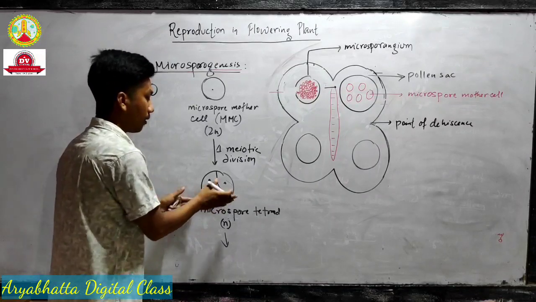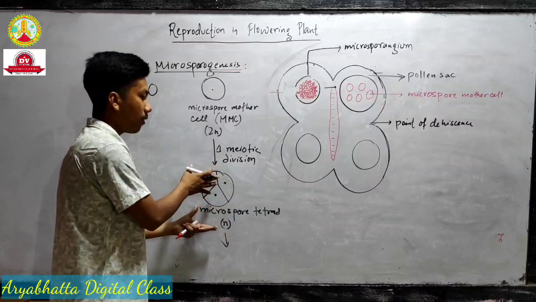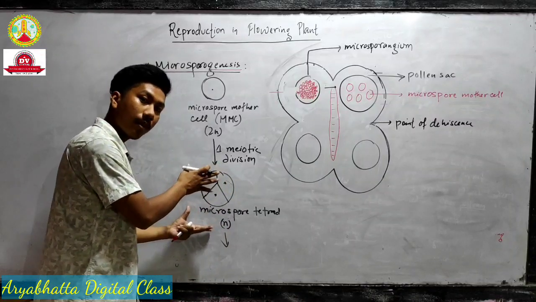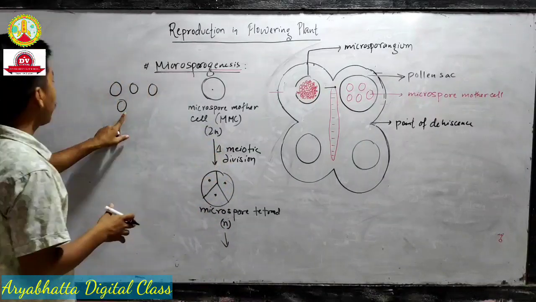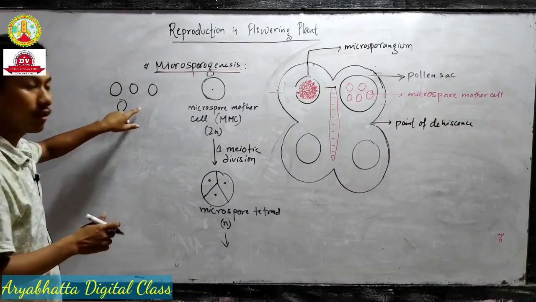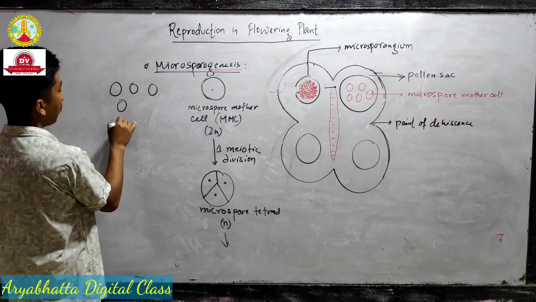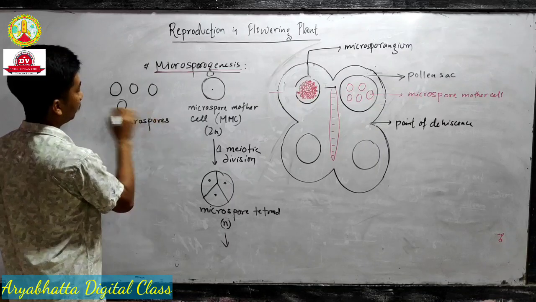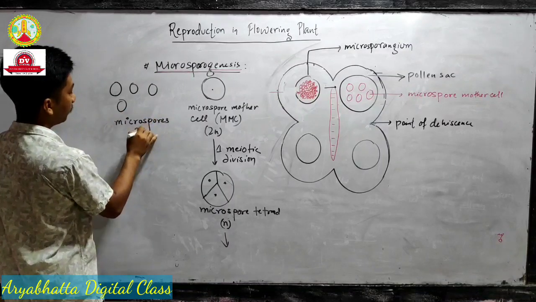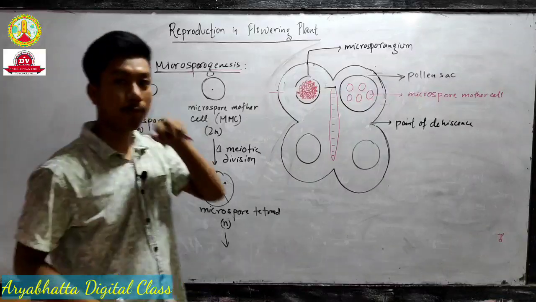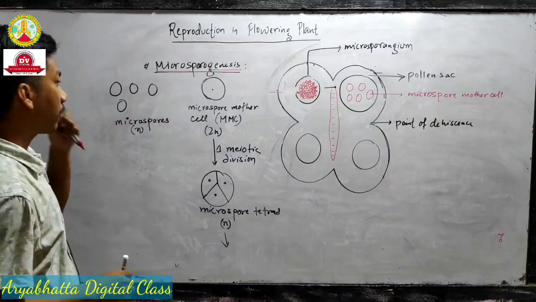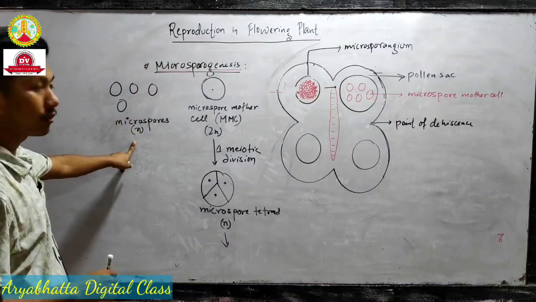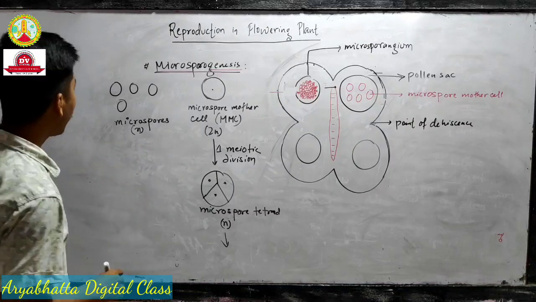Remember? Okay. Now all those microspores are attached for some time, and they degenerate and separate from each other, and we call them microspores. All are haploid microspores. Now what happens?